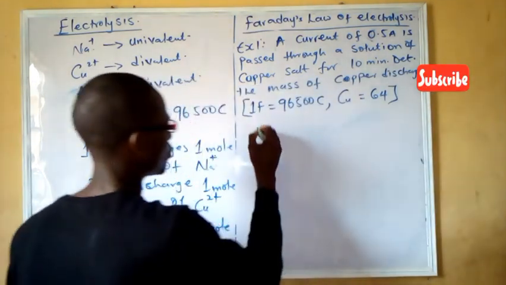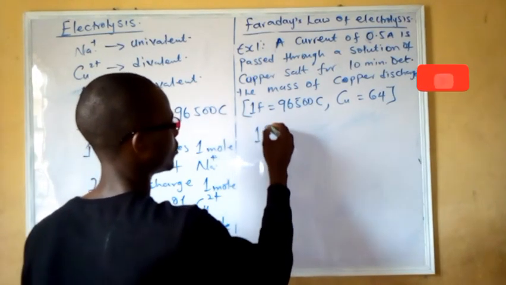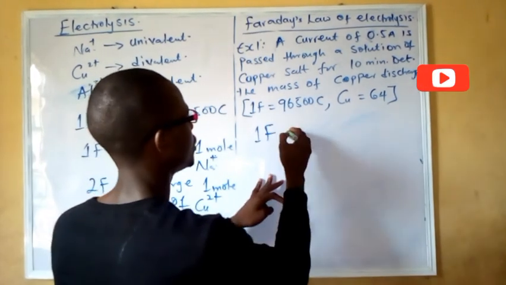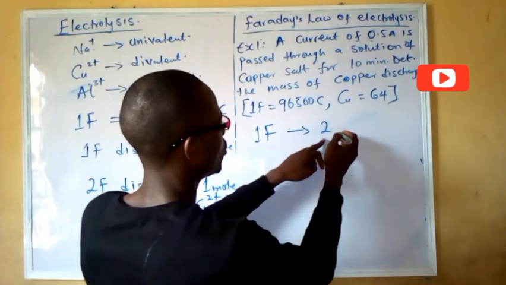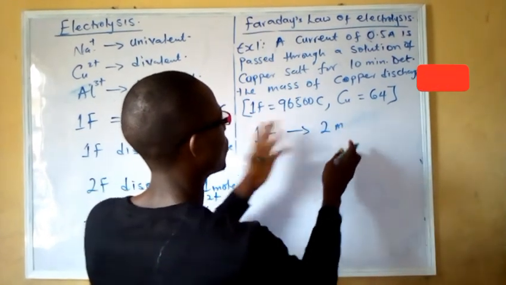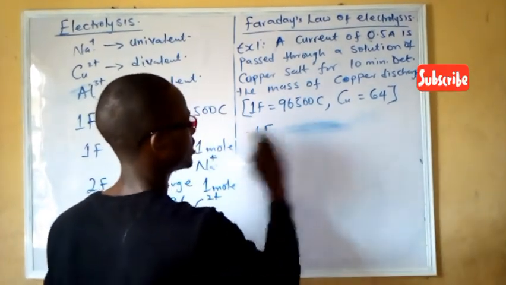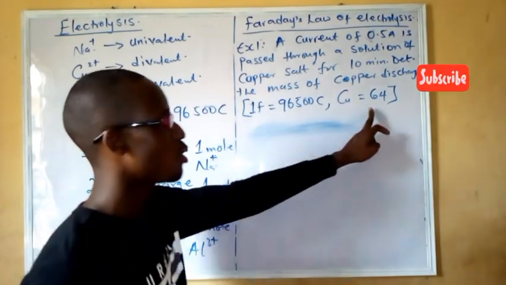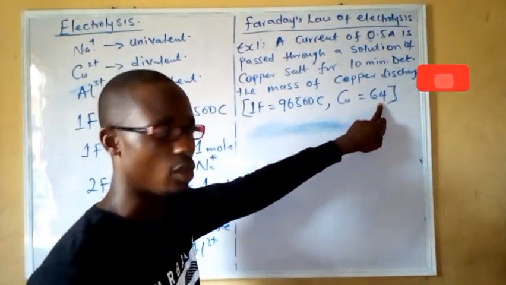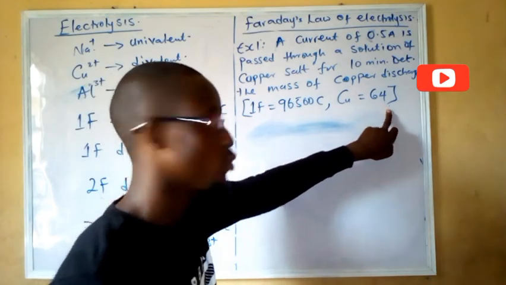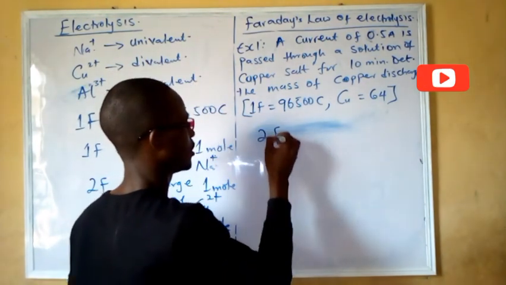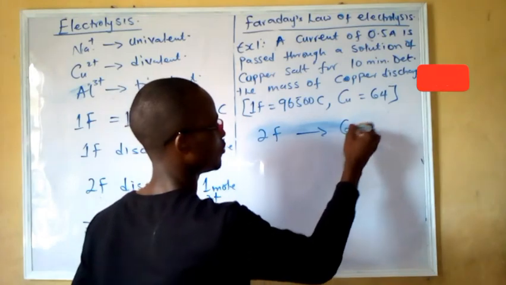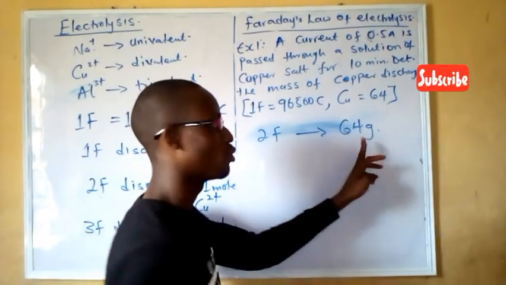So we know that 1 mole of copper will be discharged by 2 Faraday. So 2 Faraday will discharge 64 grams of copper, which is 1 mole of copper.